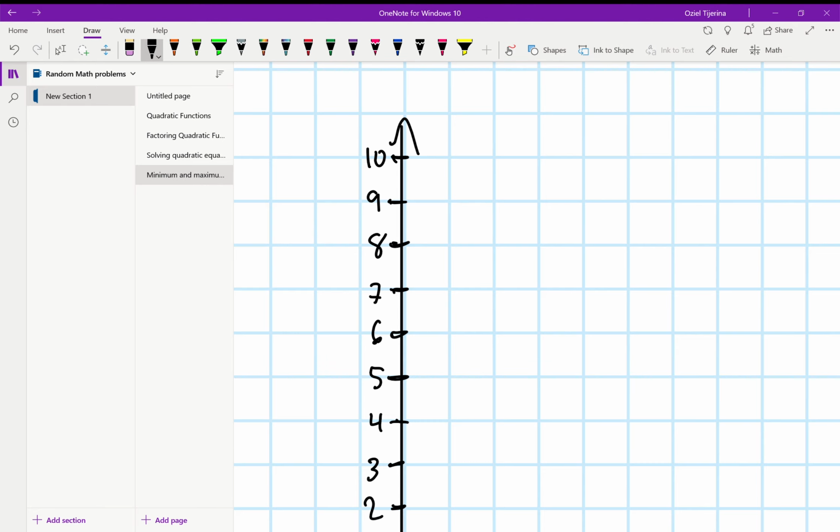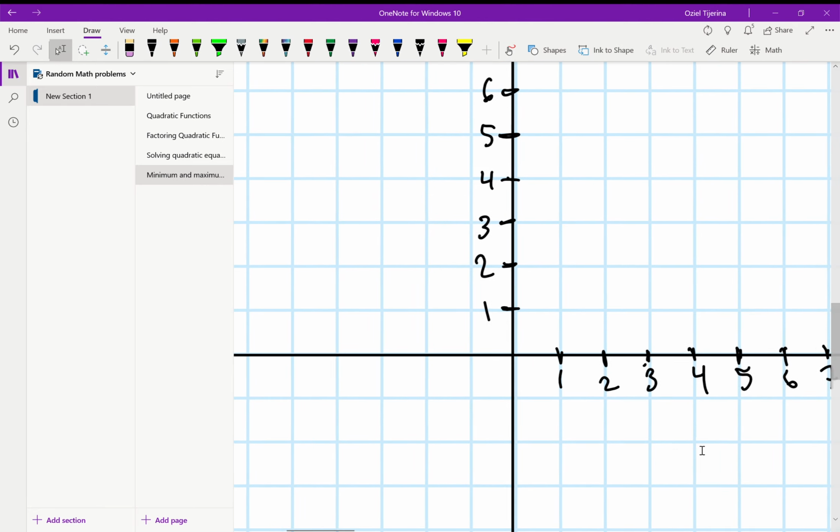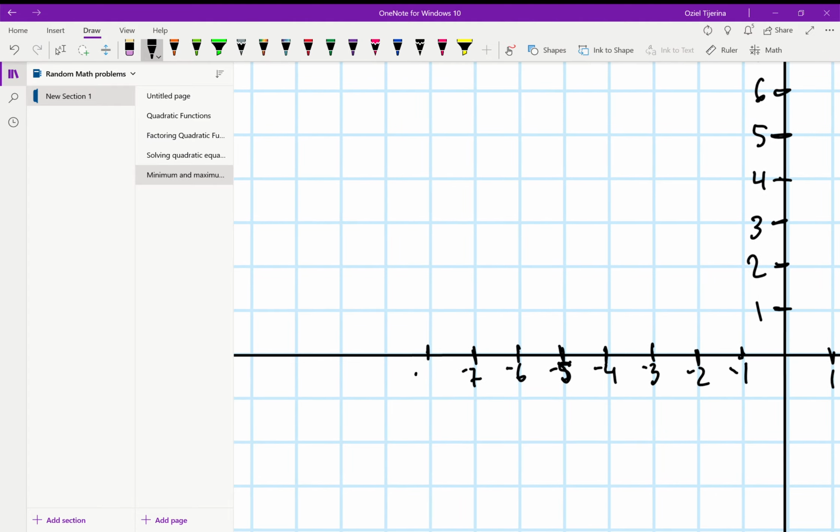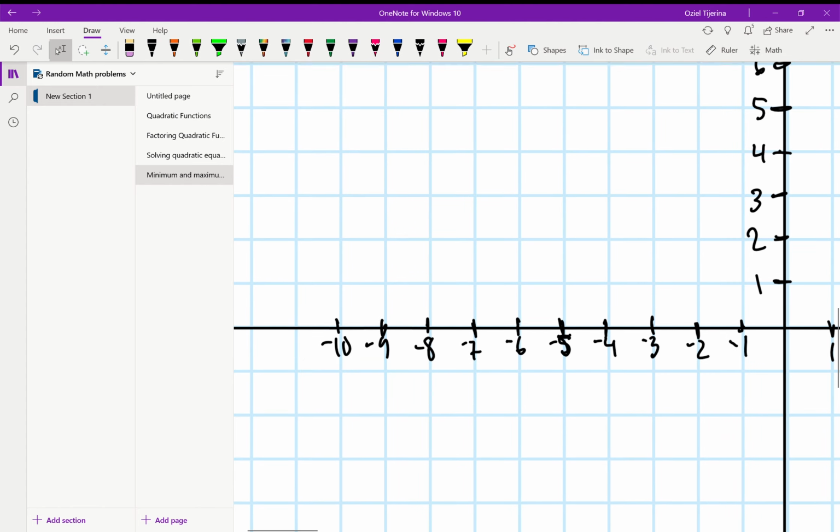Then this left side will be negative 1, negative 2, negative 3, negative 4, negative 5, negative 6, negative 7, negative 8, negative 9, negative 10.